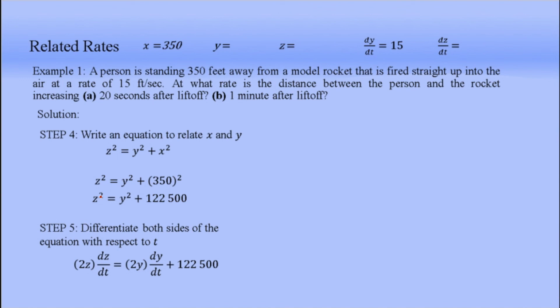The derivative of z squared is 2z times dz/dt, equals the derivative of y squared, which is 2y times dy/dt, plus the derivative of 122,500. Then we're going to differentiate it again. Actually, yes. Okay, so as you can see, there's a 2, we can just cancel the 2. And then what is the derivative? I forgot. But it should be like this.